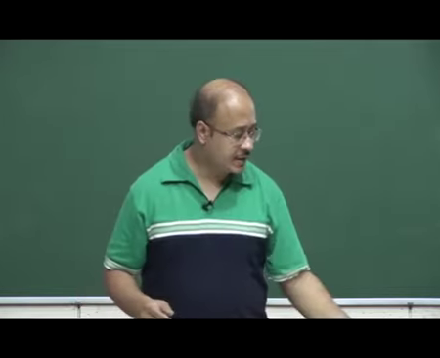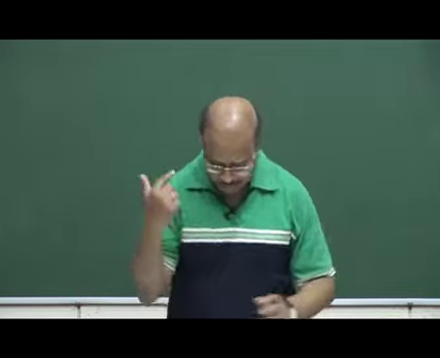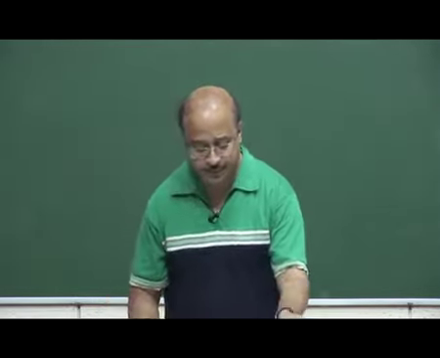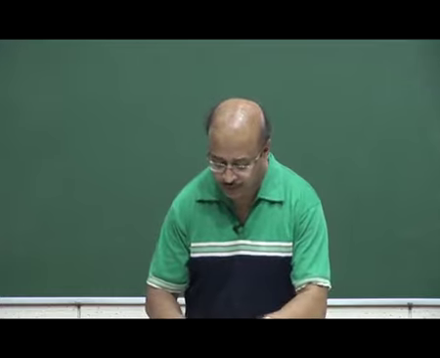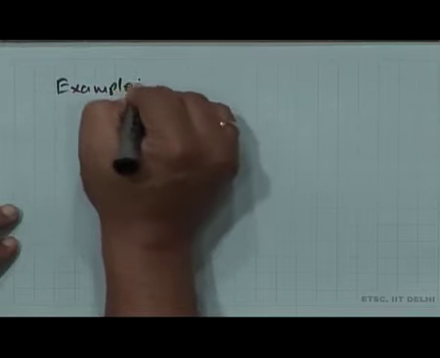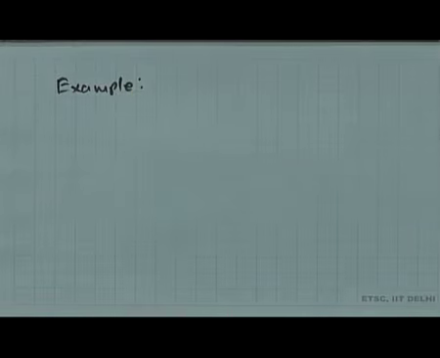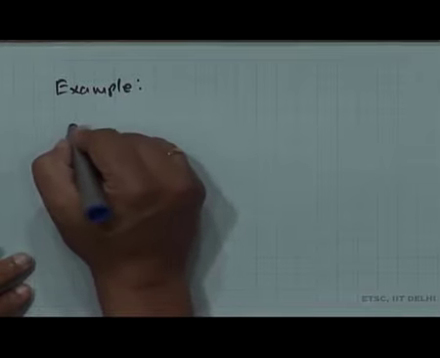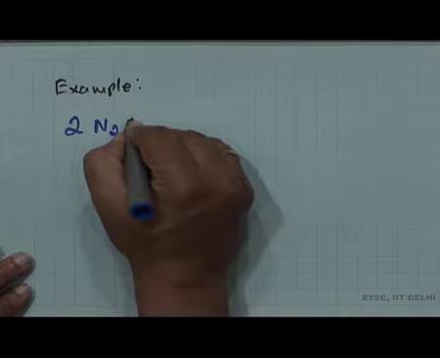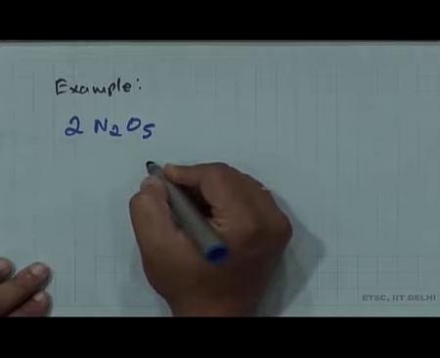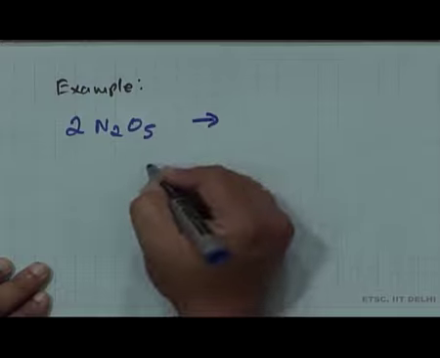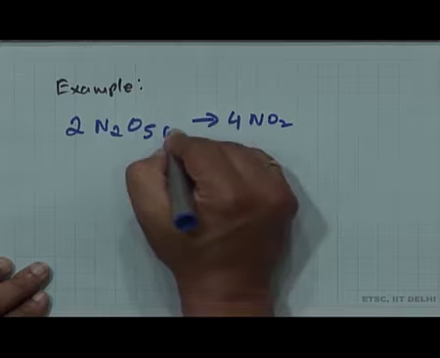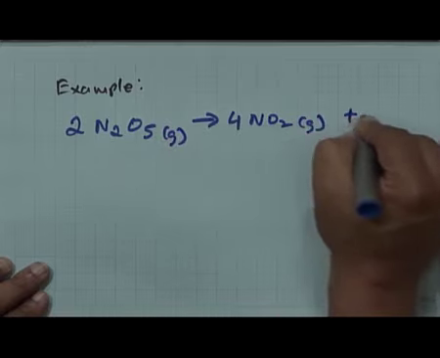Now, let us take another example. We have already considered 2 examples, so this would be a third example. The third example is this equation: 2N2O5 giving you 4NO2 plus O2.